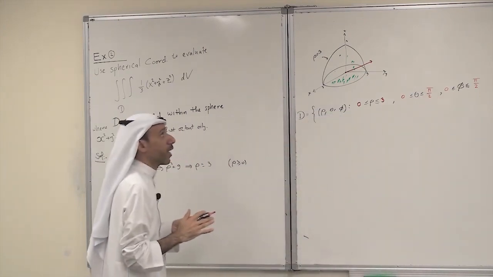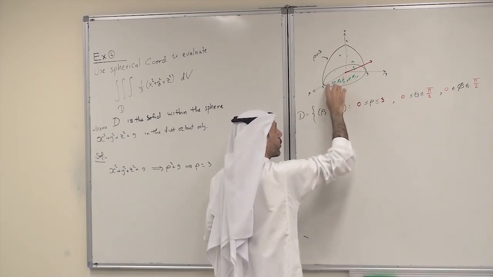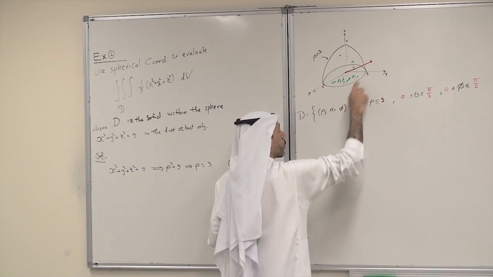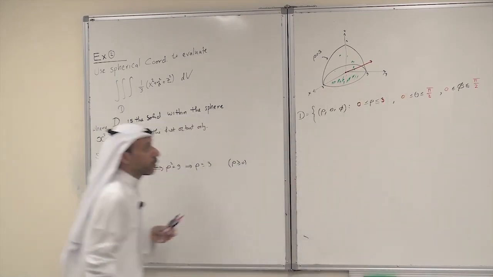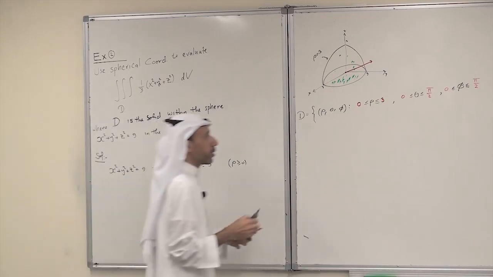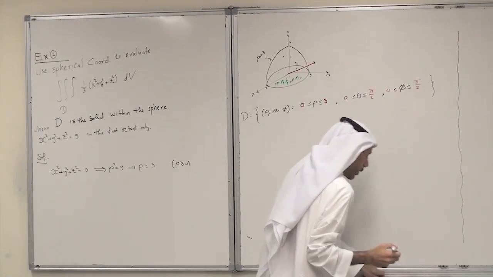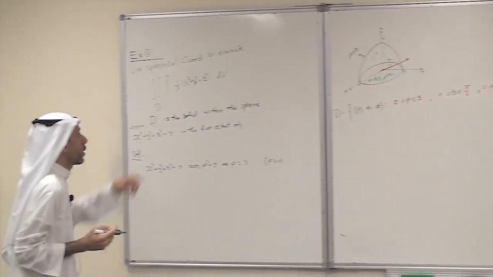Or you can say, if I take the projection of the solid in the xy plane, the projection will be the first quadrant. The possible values of theta in the first quadrant are 0 to pi over 2. So this is the description of D in spherical coordinates.